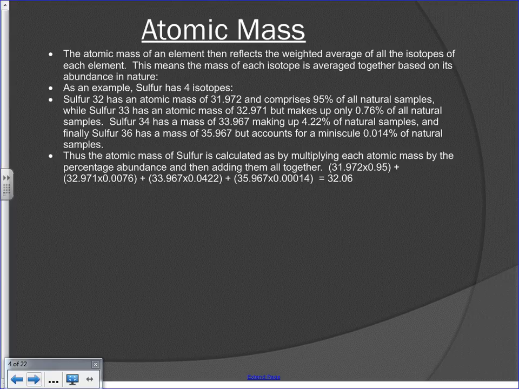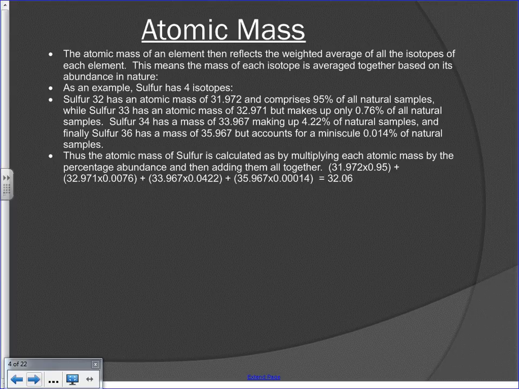If we have sulfur 32, sulfur 32 has an atomic mass of 31.972 grams per mole. A mole is just a unit of measurement we use for chemistry. We'll go into it much later. And it comprises 95% of all natural samples. So if I want to find the average, I'm going to take this number and multiply it by 0.95.